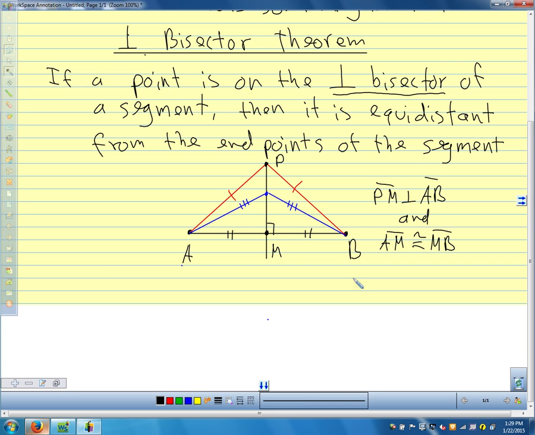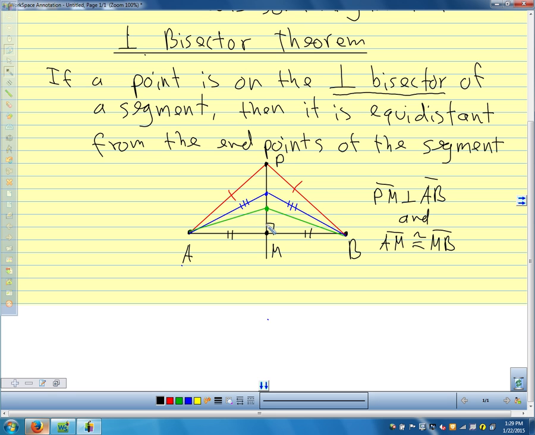Now, I'm not going to go through the proof, but let's think about how we would go about proving this theorem. Let me draw a green segment here. So there's another point on my perpendicular bisector, that green one. And if we were going to prove that those two green segments were congruent, I'm going to look at this little triangle here and this little triangle here. We know that these sides are congruent.